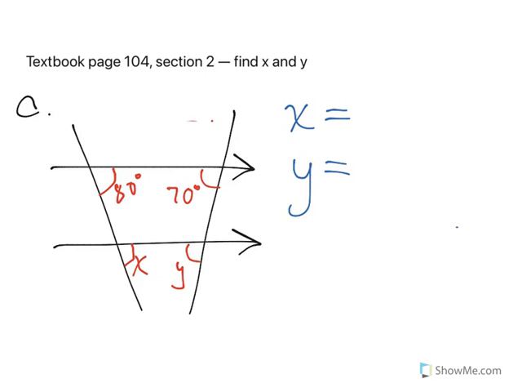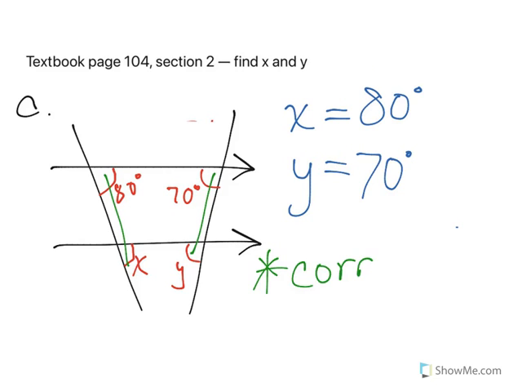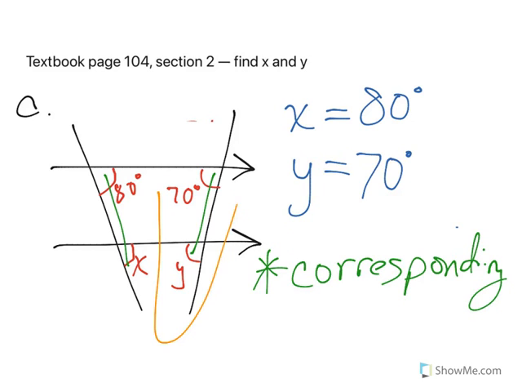Alrighty. If you said x equals 80 degrees and y equals 70 degrees, you would be correct. Again, both of these are corresponding angles, okay? Again, we have to think about these transversals independent of each other, okay?